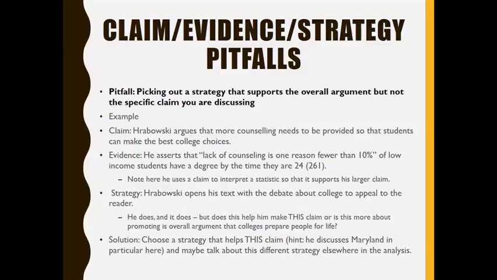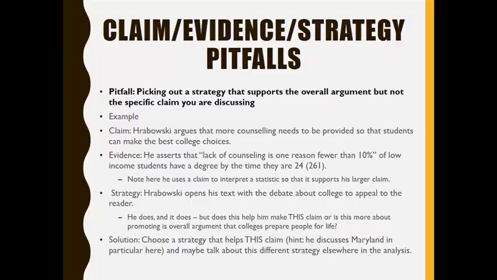Another pitfall I see is picking out a strategy that supports the overall argument but is not related to that specific claim. Here's an example. The claim: Hrabowski argues that more counseling needs to be provided so that students can make the best college choices.